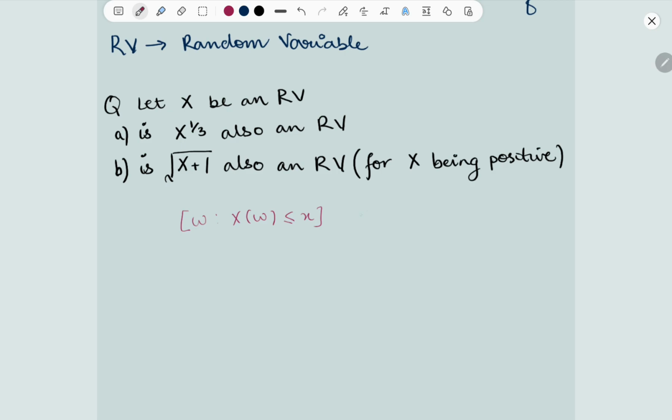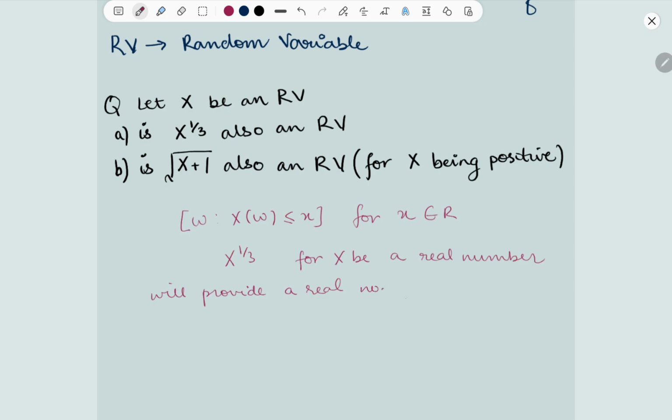So for x belonging to R, we said that. Okay, so let us say that if we are making x into a function x raised to power 1 by 3, so x raised to power 1 by 3, for x a real number, will always provide a real number.